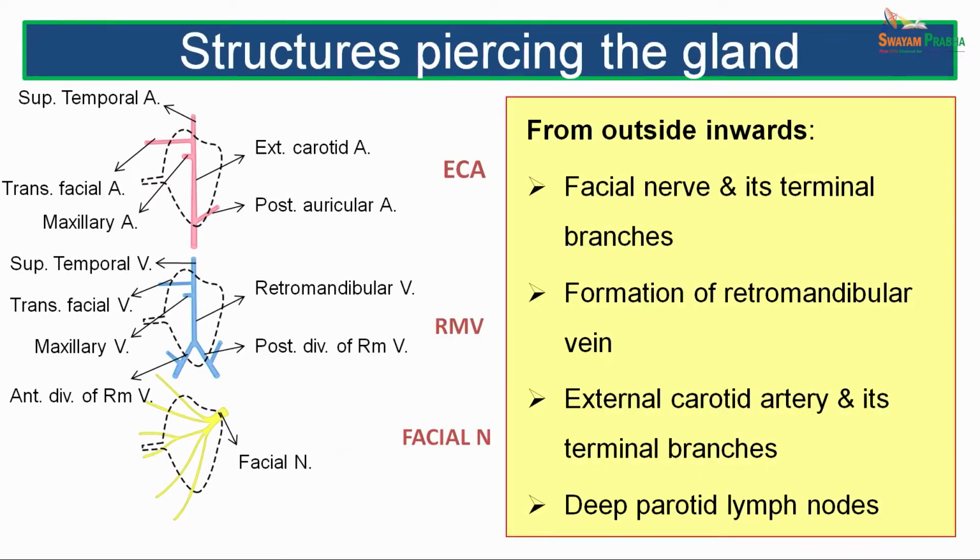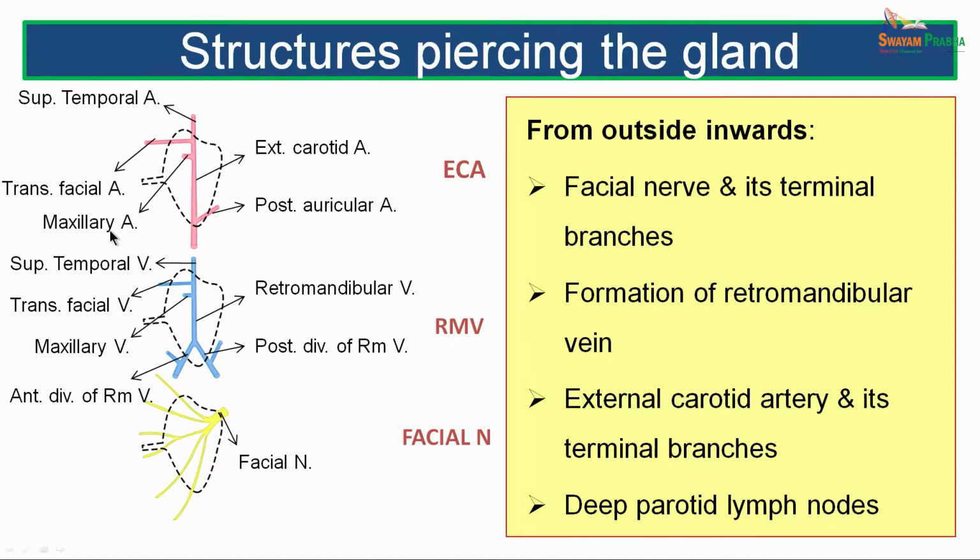We will now go on to see the structures piercing the parotid gland. From outside inwards, these are the facial nerve and its terminal branches, the formation of the retromandibular vein, the external carotid artery and its terminal branches, and the deep parotid lymph nodes.